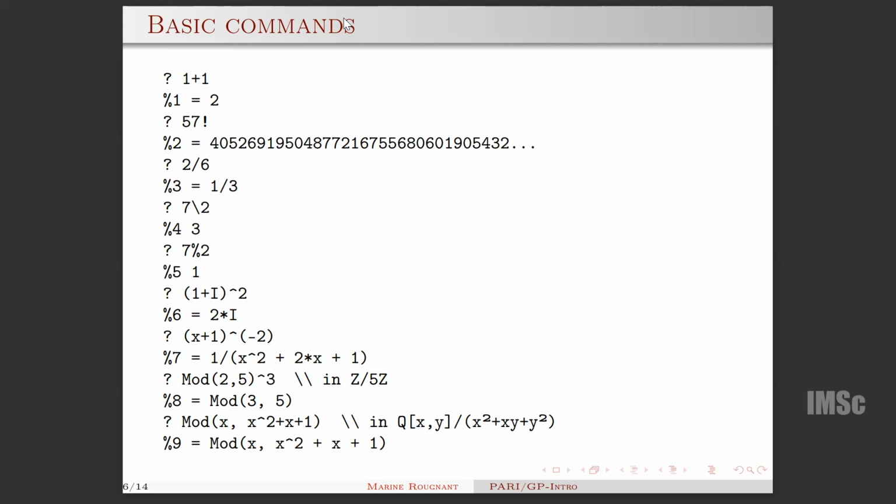He's asking, instead of Q or over rationals, if you want over integers. In this case, we will compute in Q, but at the end, if you have something with integer coefficients, it will give you in Z of x, in fact.